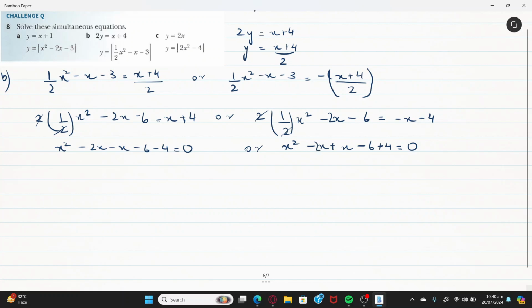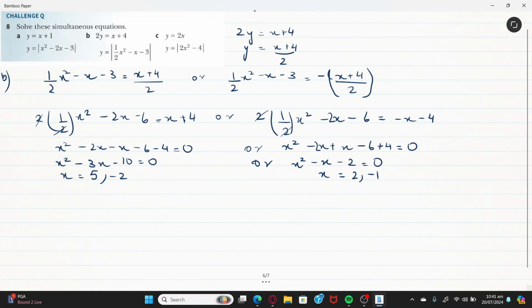So it's going to be x squared minus 3x minus 6 minus 4, which is negative 10, is equal to 0, or x squared minus x minus 6 plus 4, which is negative 2, is equal to 0. So again, I'm going to input these values into the calculator. I'm going to get x equals 5 or x equals negative 2. And for the second set of quadratic equations, we are going to get x equals 2 and negative 1. And these are the values for x.